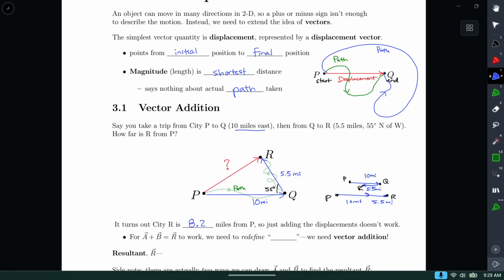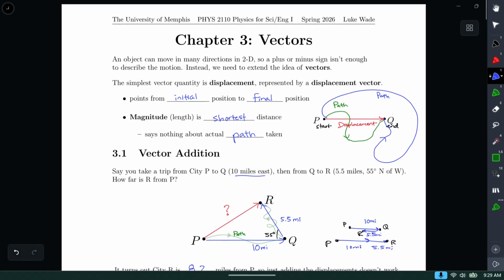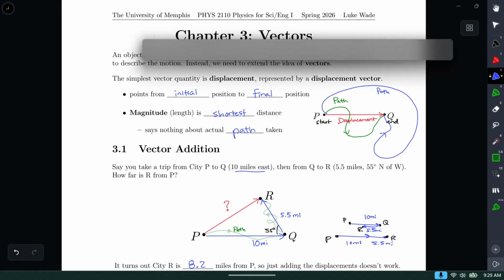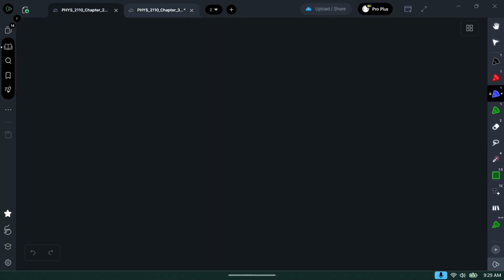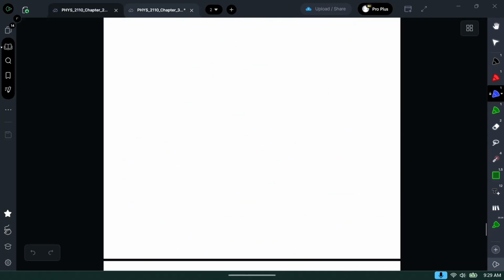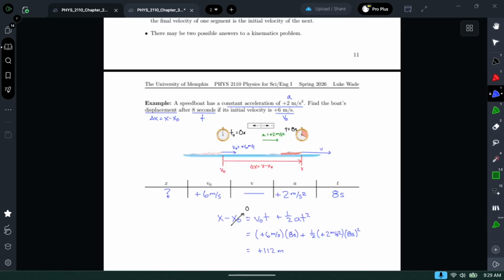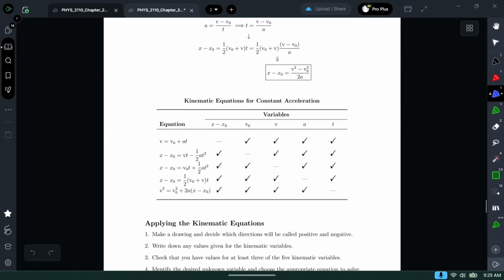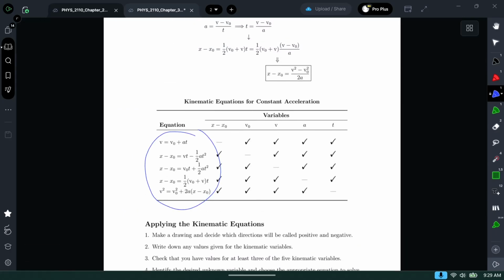Any other questions? Will we have to memorize the kinematic equations? No, I'm not a fan of memorization. I don't think it's useful because you will always be able to look these things up in real life if you need to. So what I will say is for things like exams, I give you the list of equations.